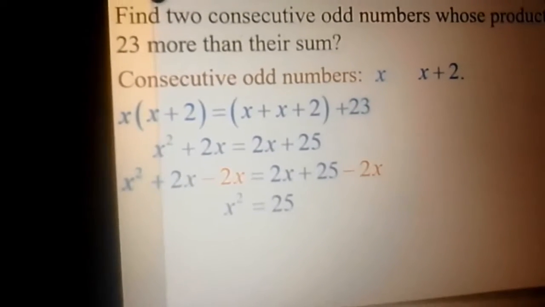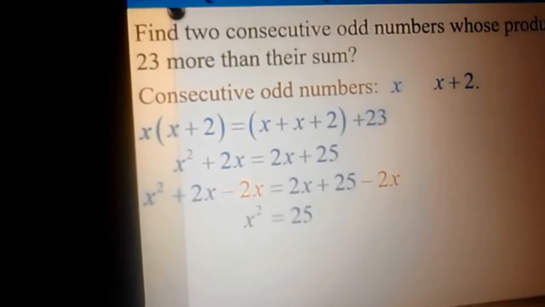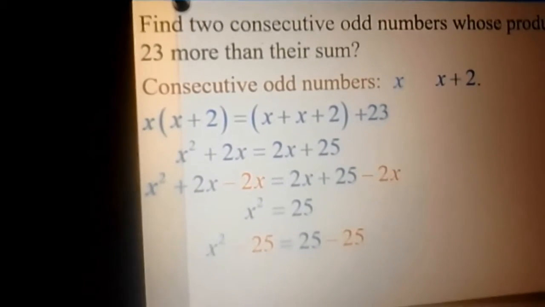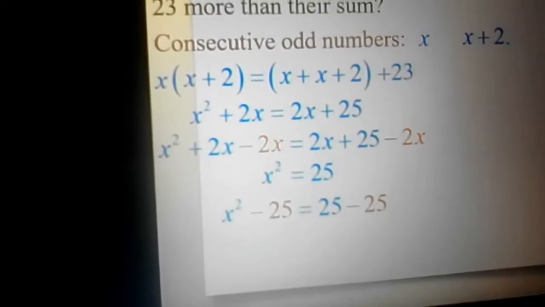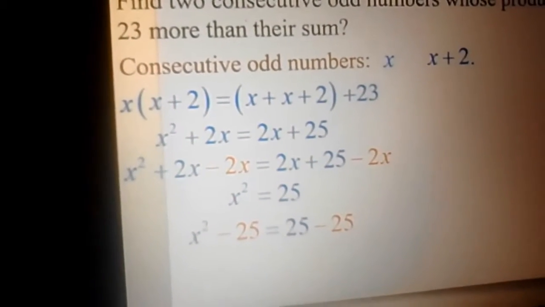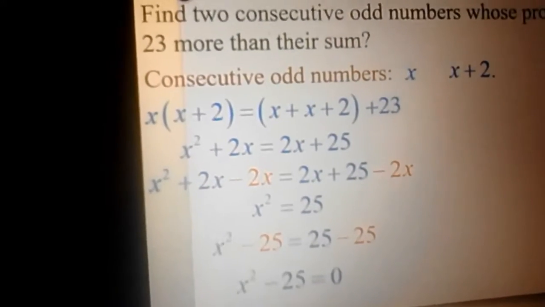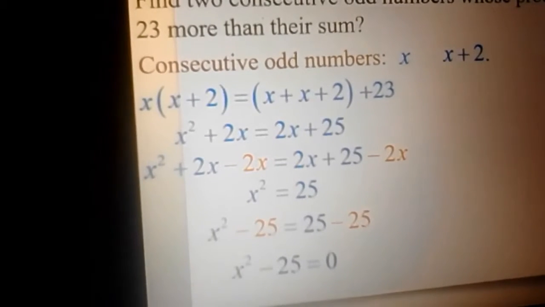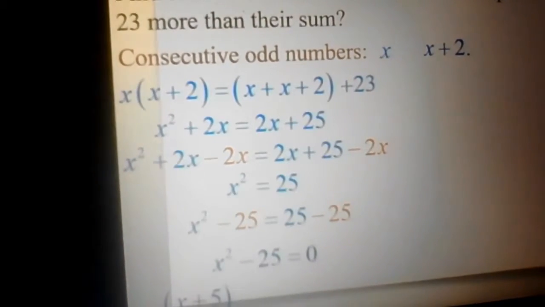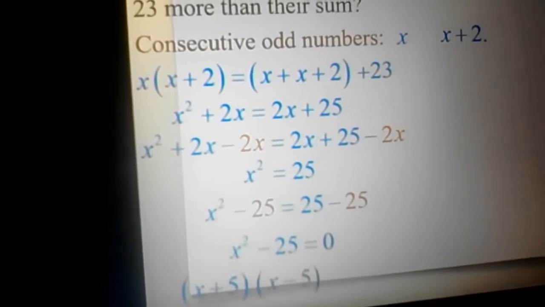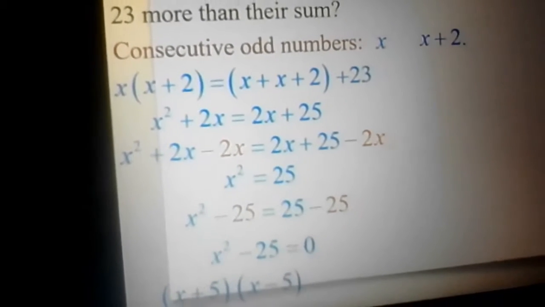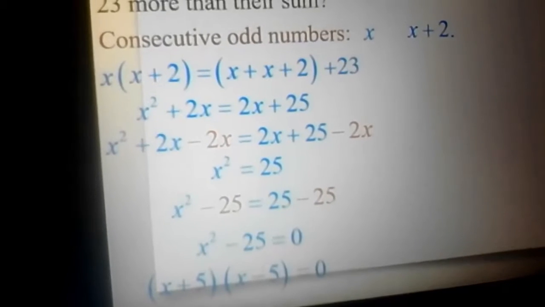So, we attain x squared equal to 25. Making it into standard form, by the subtraction property of equality, we have x squared minus 25 equal to 0. So, the factors are x plus 5 and x minus 5 equal to 0.